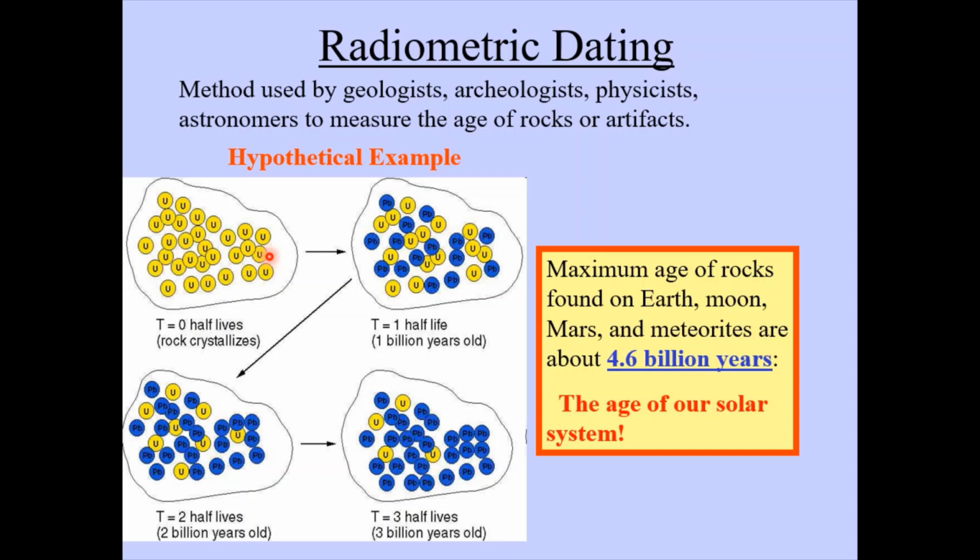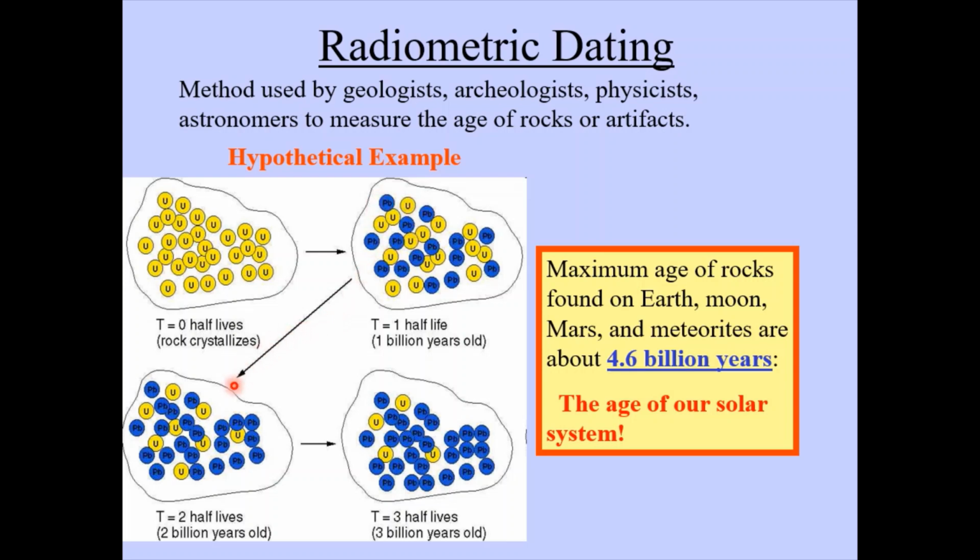So what that means is 1 billion years later, if we were to pick up this rock, we would find that only 1/2 of those uranium atoms are left. What happened to the other half? Well, they underwent radioactive decay, and they decayed into something different. In this case, it looks like it's lead, Pb. So we have half lead, half uranium.